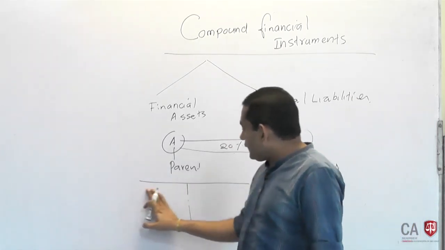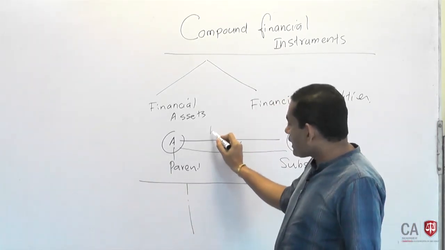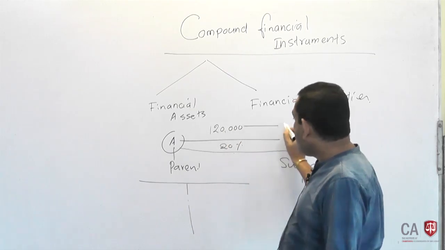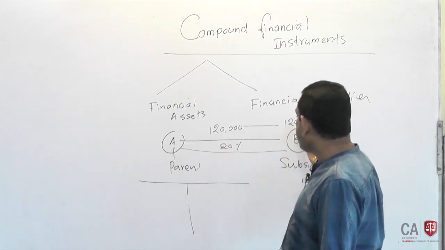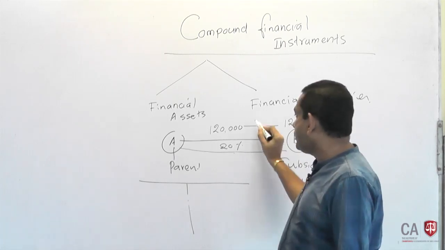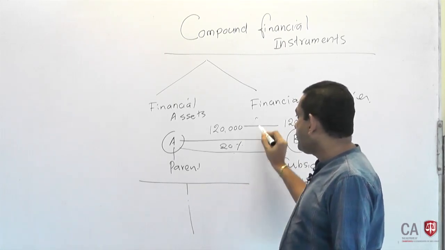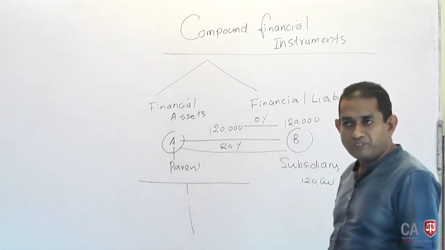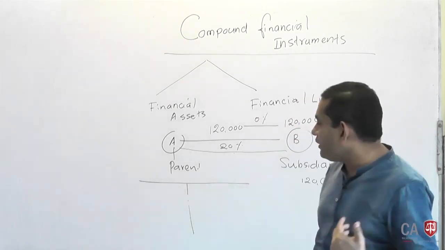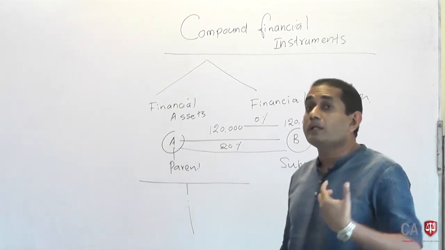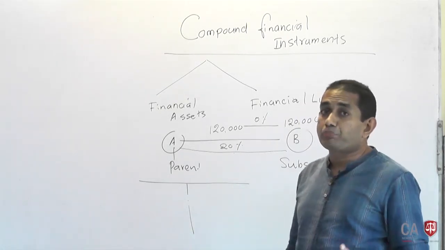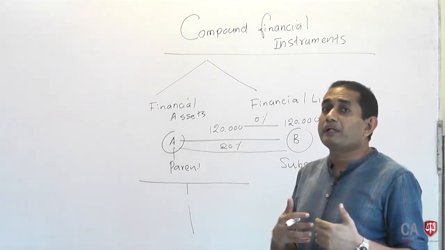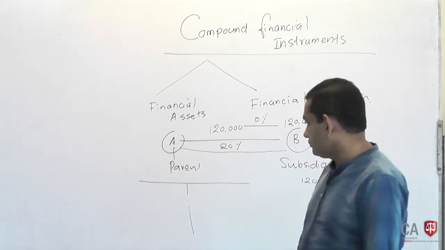Now company A says, we are granting you 120,000 rupees loan now and pay us 120,000 rupees in 1 year's time. Market rate is 20%, but we are not charging any interest. Why? What makes company A grant the loan to company B at 0%? It is because A is the parent and company B is the subsidiary.